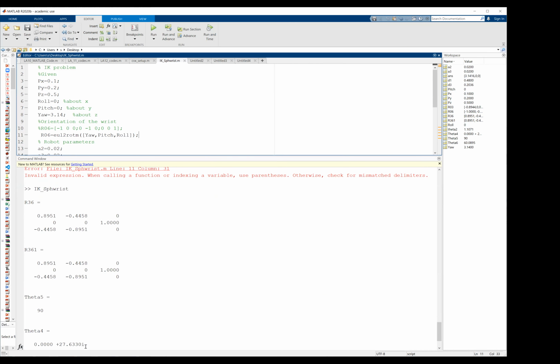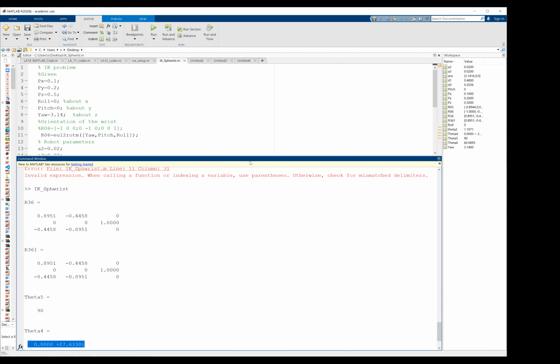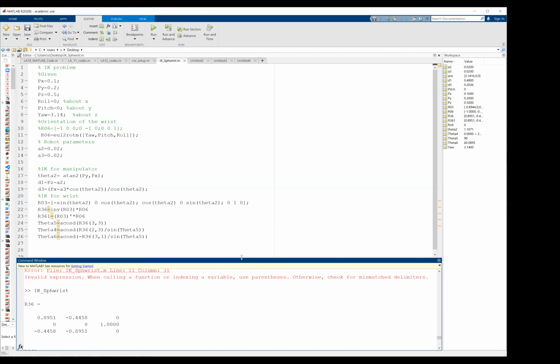You see this imaginary value, that means it comes from the numerical solution, and it will be 0. So these values are zeros.